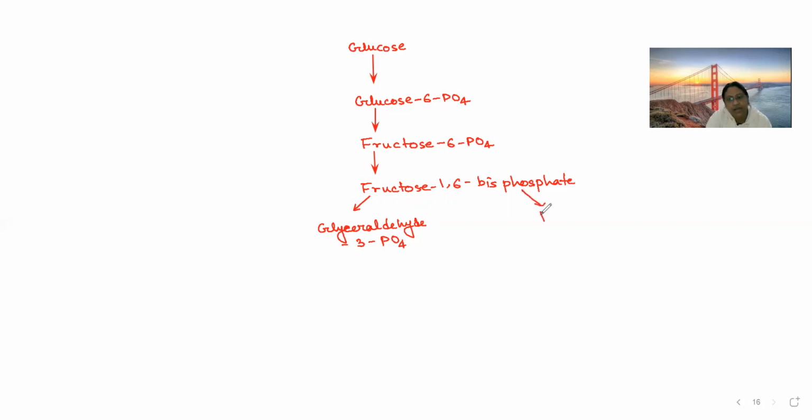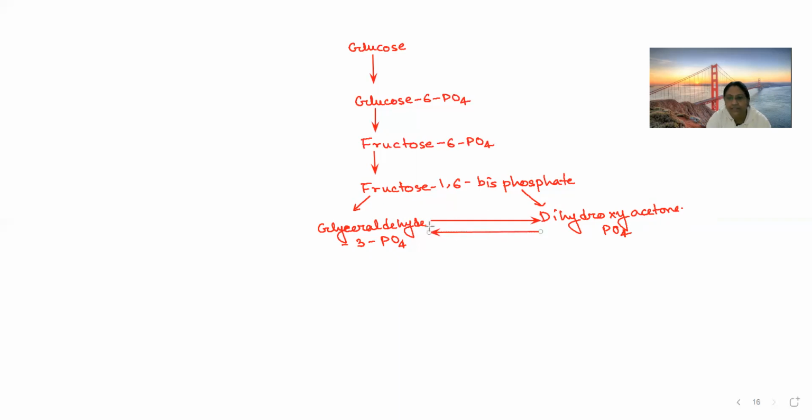and dihydroxyacetone phosphate. Okay, these two phosphates are called triose phosphate.